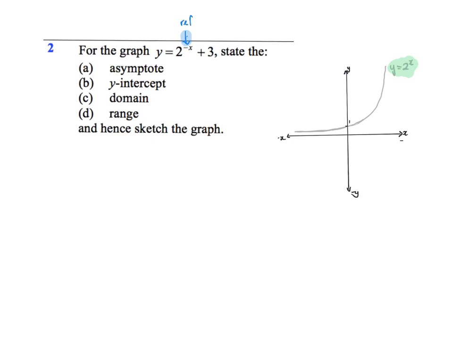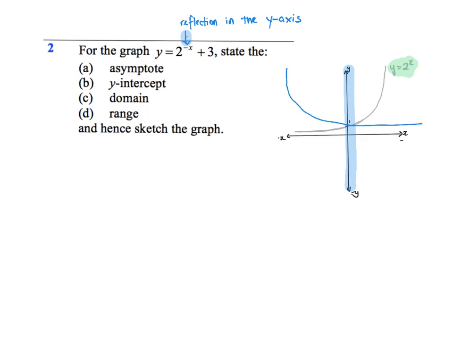Reflection in the y-axis. Good. So if you're going to reflect this, it's like you're saying this is the mirror. If that's the mirror, then it'll look like this, won't it? Yeah? Yes. Okay, so I've got that bit.